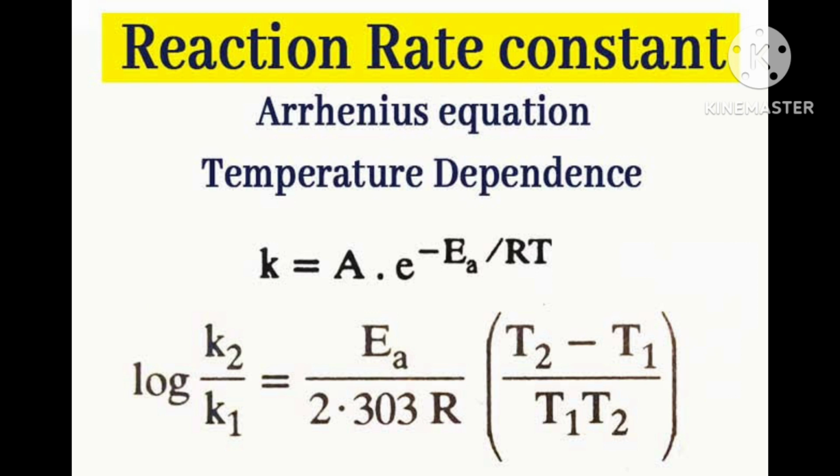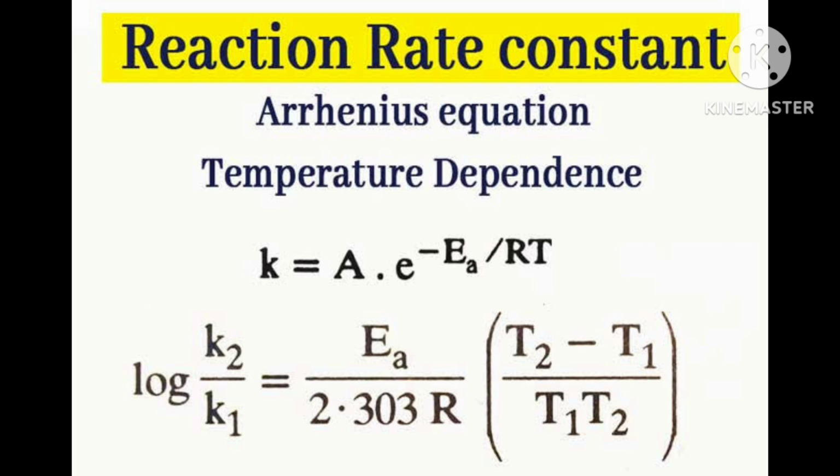Small a is the coefficient of reactant A, small b is the coefficient of reactant B, small c is the coefficient of C, and small d is the coefficient of D.